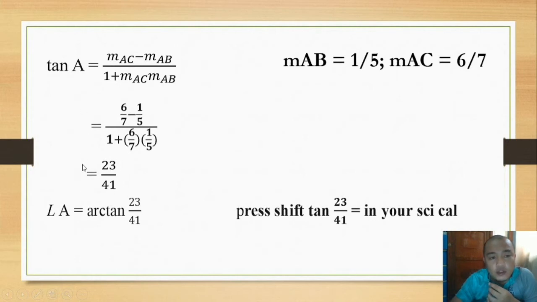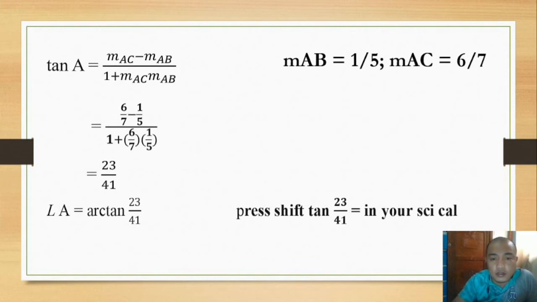To solve for the measure of angle A, we need your scientific calculator. Just press shift tan 23 over 41 and that will be our answer. Shift tan 23 all over 41.